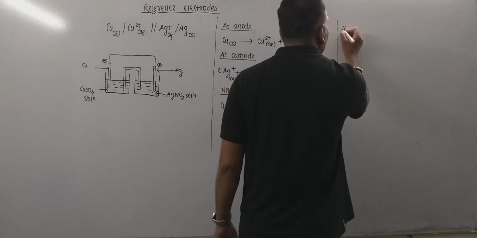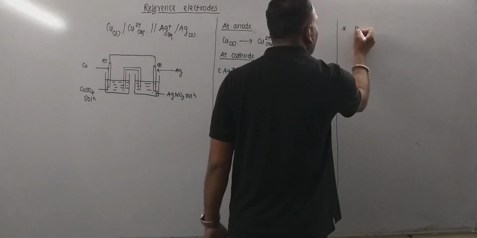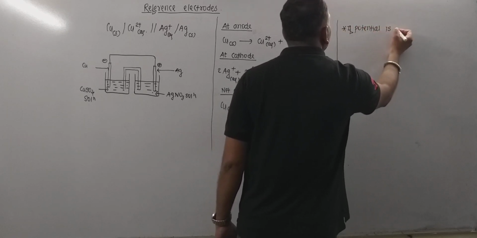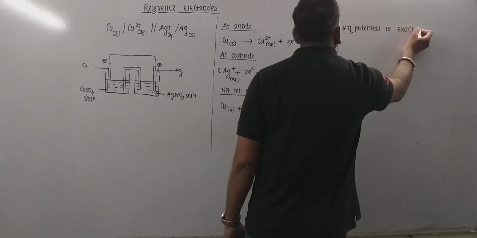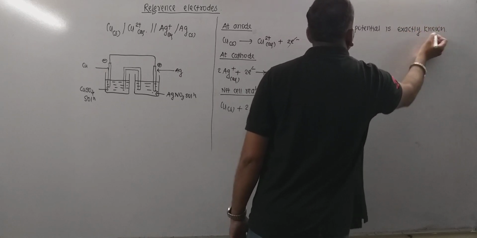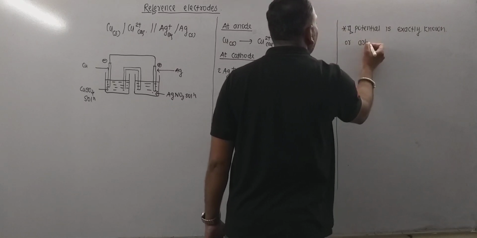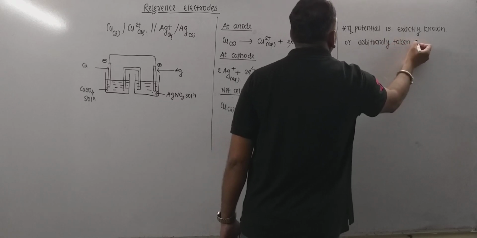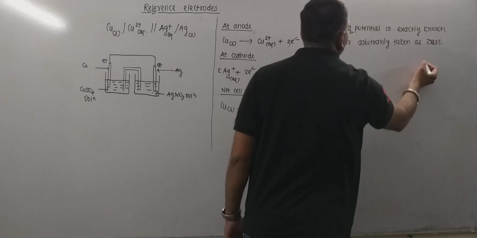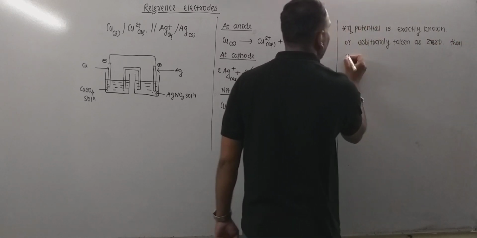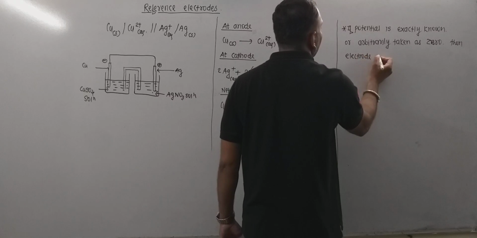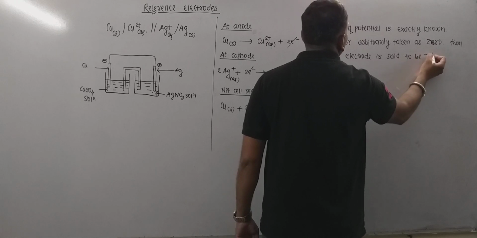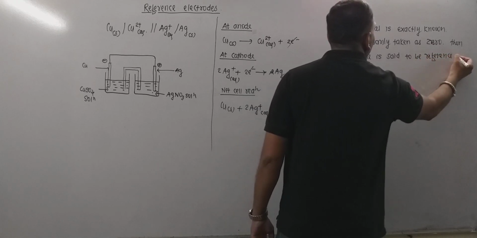Remember two things. If the potential is exactly known or arbitrarily taken as 0, then the electrode is said to be a reference electrode.